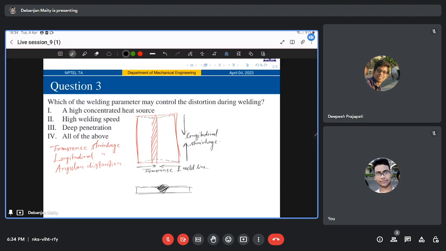So this is my weld bed, and then you have some angular distortion happening over here like this, right? So from here to here, this is my angular distortion due to what? Due to transverse shrinkage.